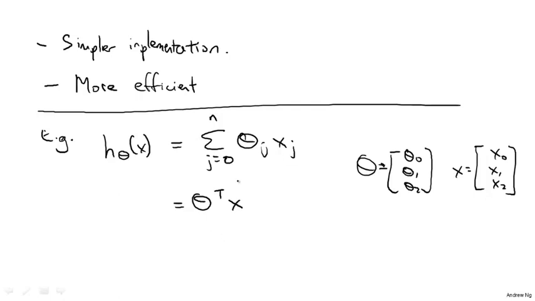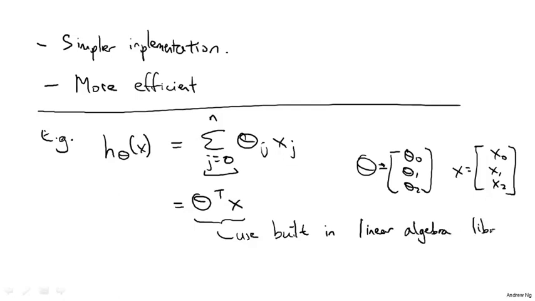And rather than writing your own for loop to carry out this sum, you can instead use a built-in linear algebra library to implement this theta transpose x operation, and sometimes this will be much more efficient.